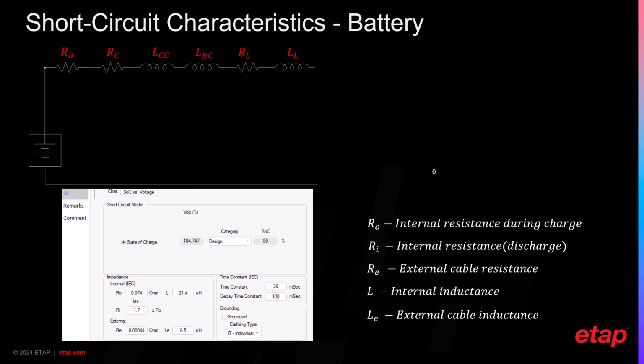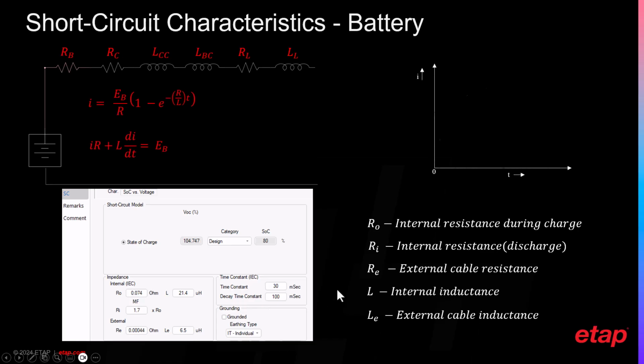And depending upon the input parameters entered in the impedance page, or the rise time constant and the decay time constant, the program automatically uses these equations to determine the actual time current characteristics for the battery depending upon the different time constants, and evaluate the short circuit current, which is nonlinear and at the same time based on the time constants entered in the battery editor.